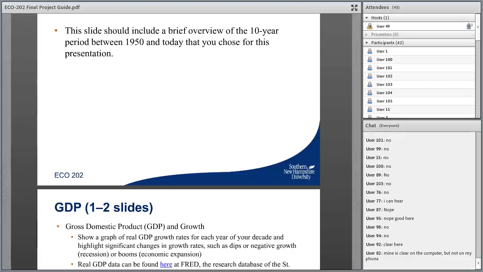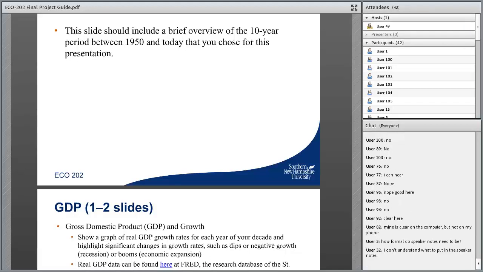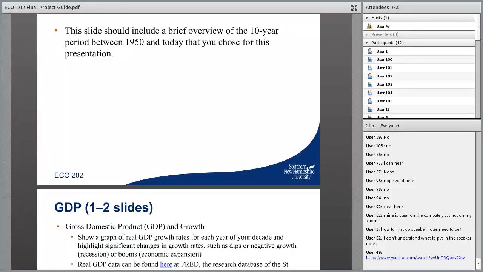So I want to make sure that you know what the speaker notes are and how to access them. And I'm going to give you a link on how to add speaker notes to your PowerPoint.